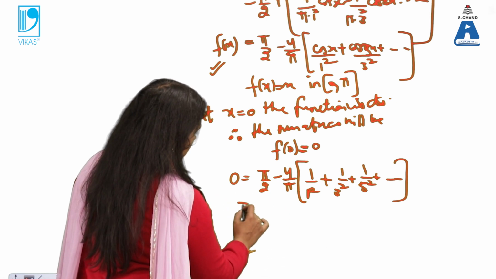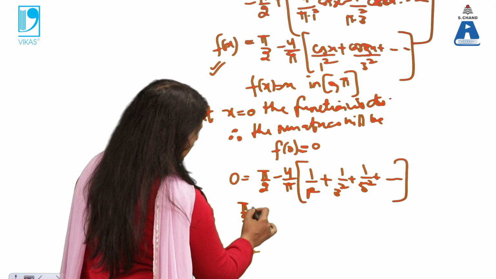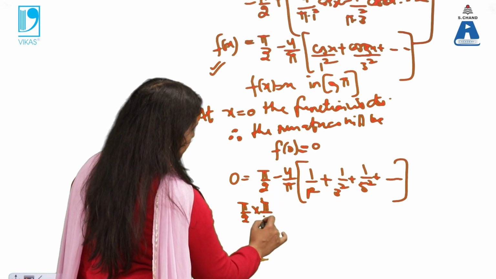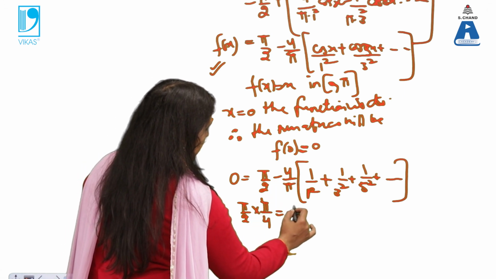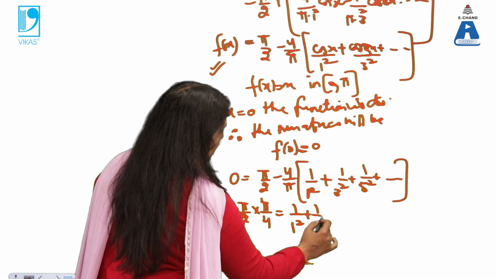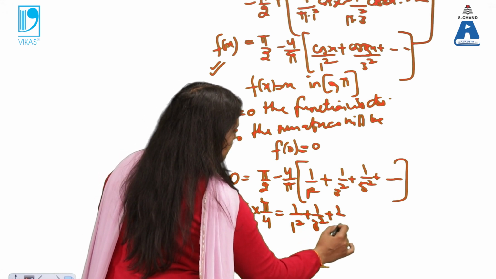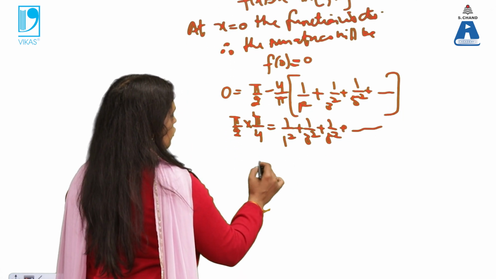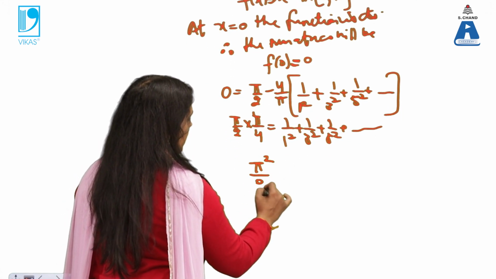So take pi by 2 to this side and divide it. It will be 4 by pi, so it becomes pi by 4 equal to 1 by 1 square plus 1 by 3 square plus 1 by 5 square and so on. So the sum is pi square by 8.